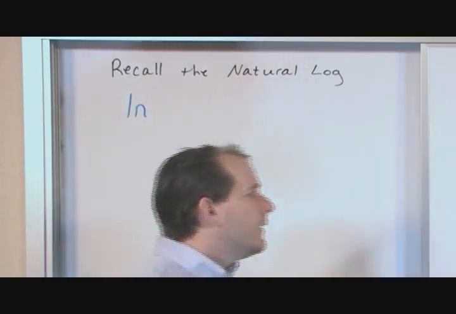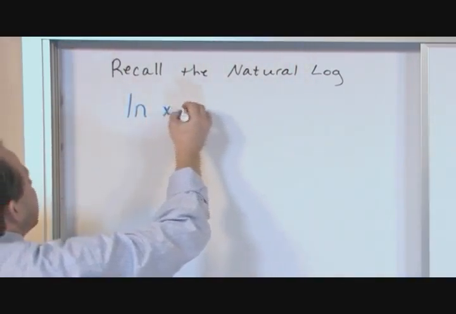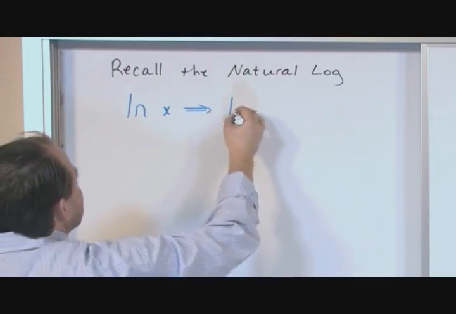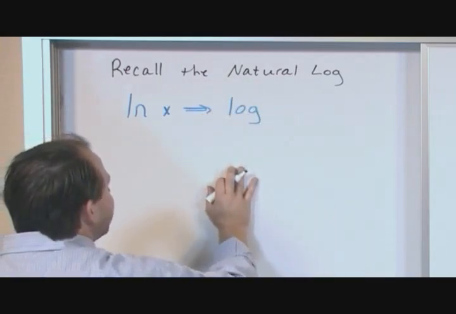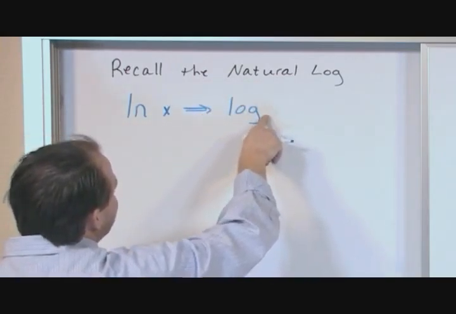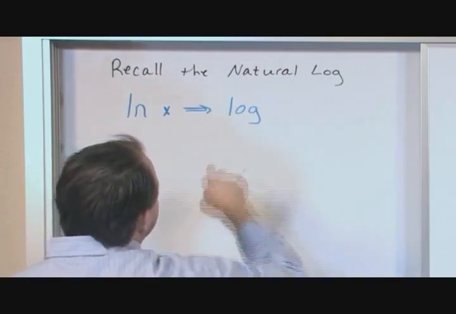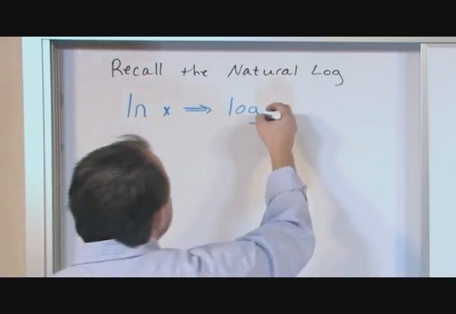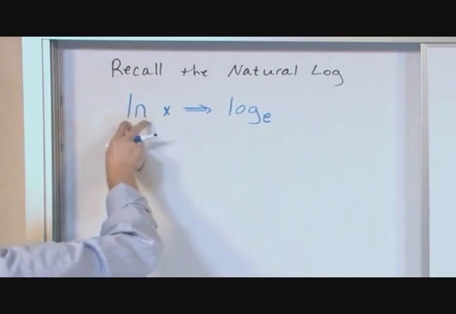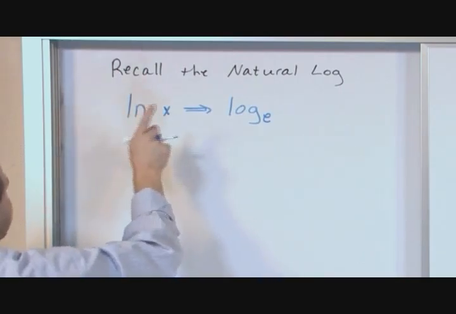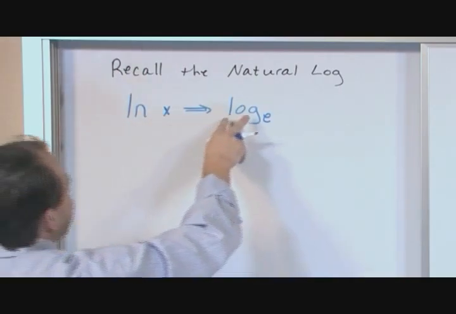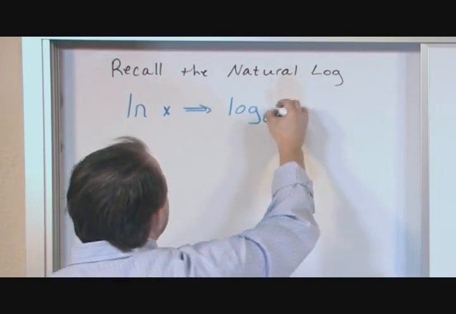If you see ln of x, what it really means is it's the regular logarithm like you've learned about before, but instead of a base 10, which is typically what log is referencing, it's base e. So when you see natural log of x, it's just a regular logarithm with a base e of x.